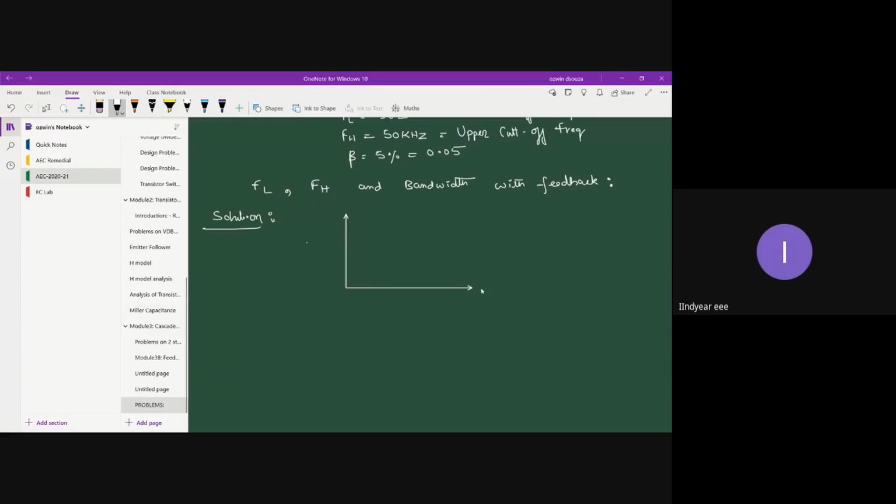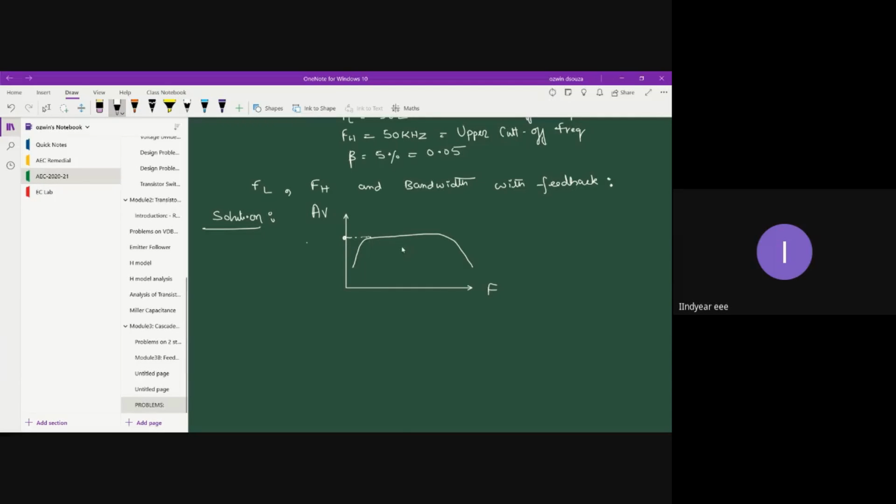Let us say this is our frequency response curve, which is plotted as AV versus frequency. This is the typical frequency response curve. In this curve, you can see there's a portion of the graph which remains constant irrespective of the frequency variations.